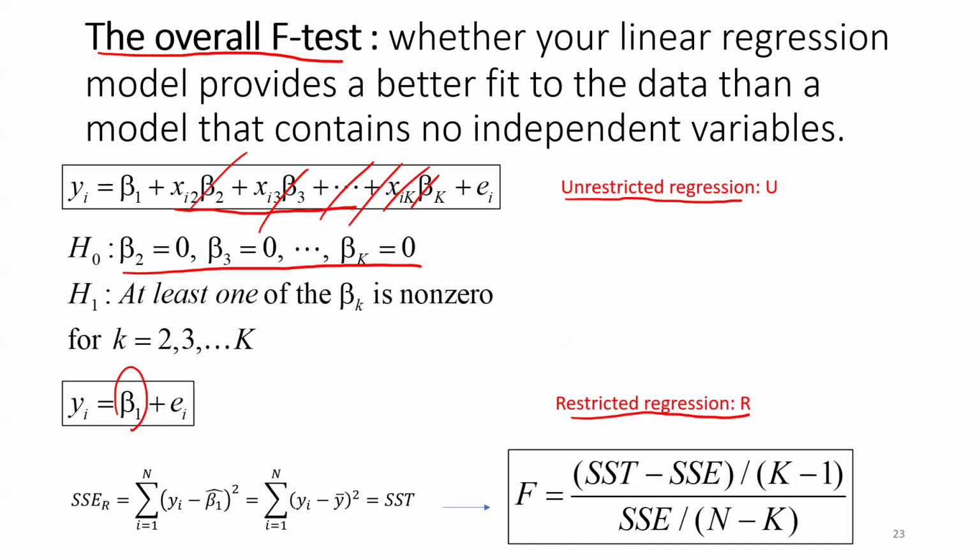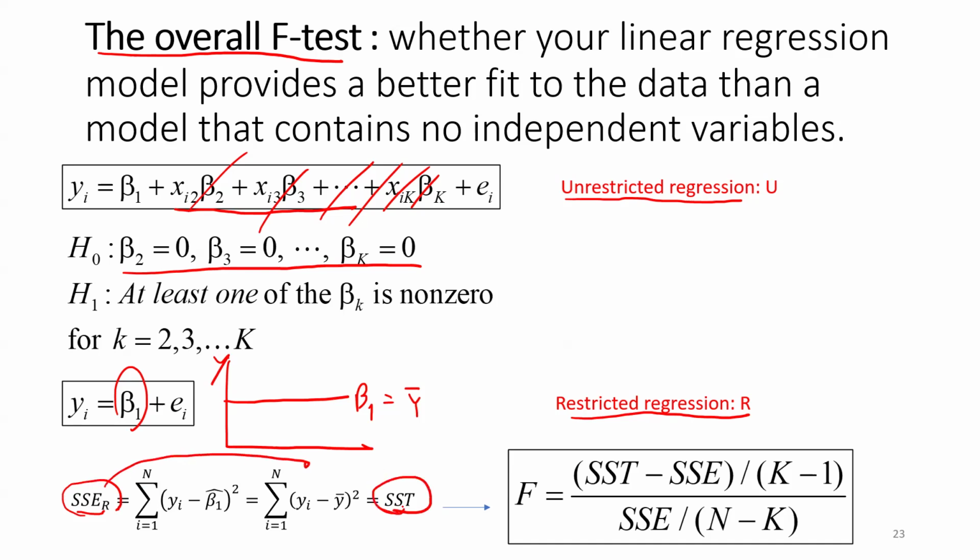which in this case SSER is the SSE of the restricted regression. Okay, your equation becomes like this. Beta 1 equals y bar because we have no x here. Okay, so which means SSER will equal SST.